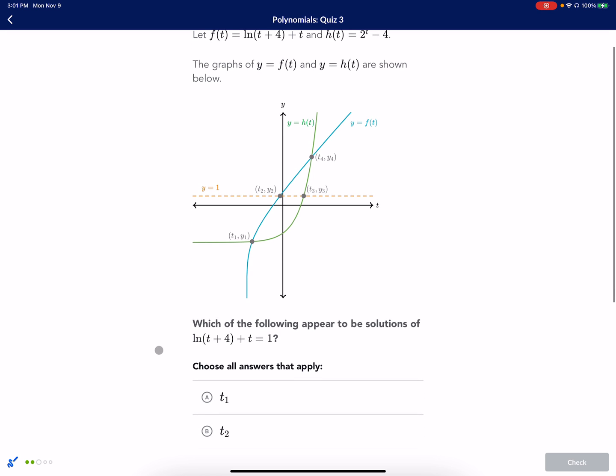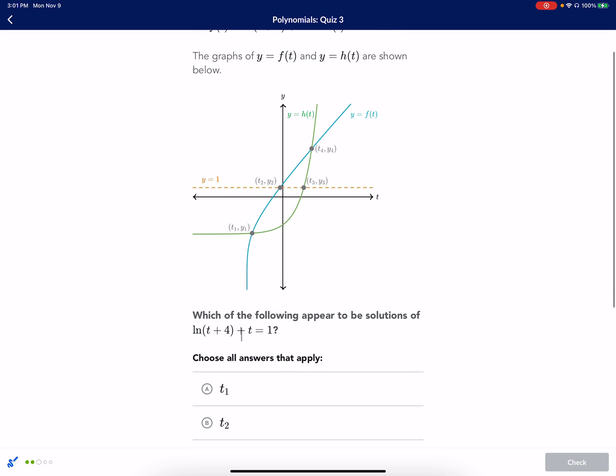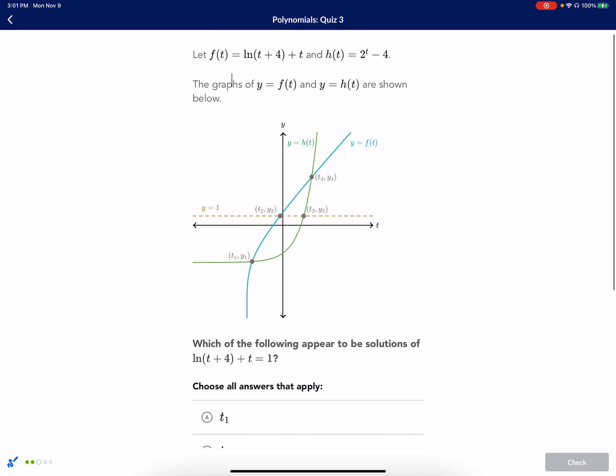So which of the following appear to be solutions of ln(t + 4) + t = 1? So remember, ln(t + 4) + t is our f of t function. So that is the blue curve here. And now setting the value of that function equal to 1 is setting it equal to this height of 1, okay?